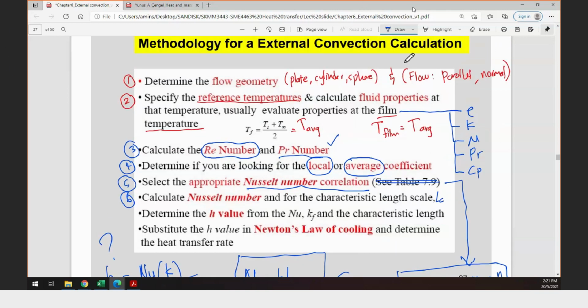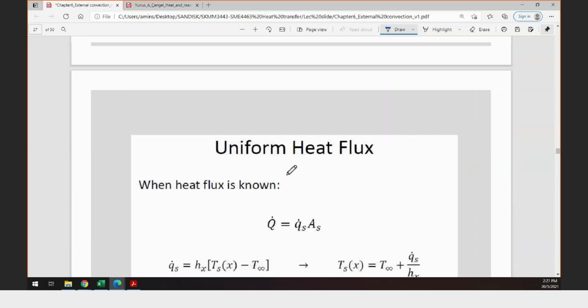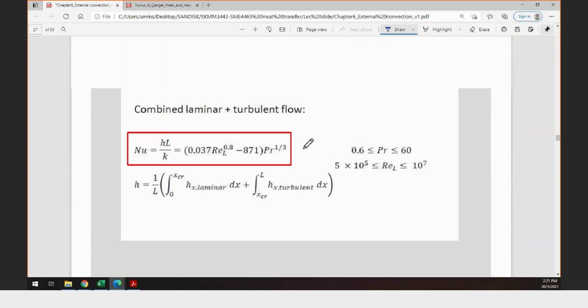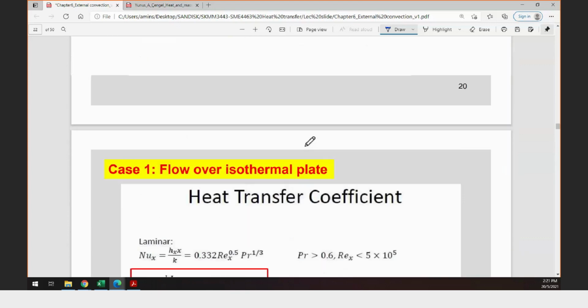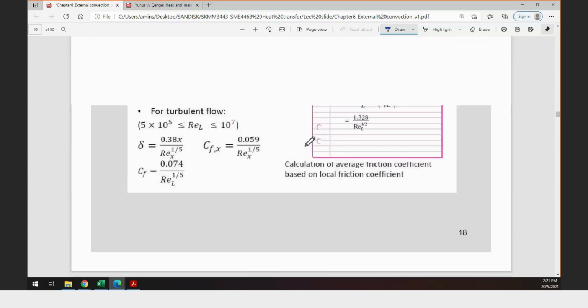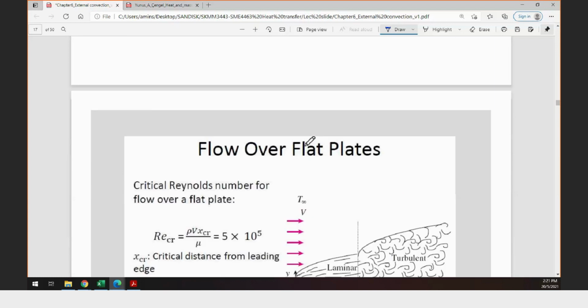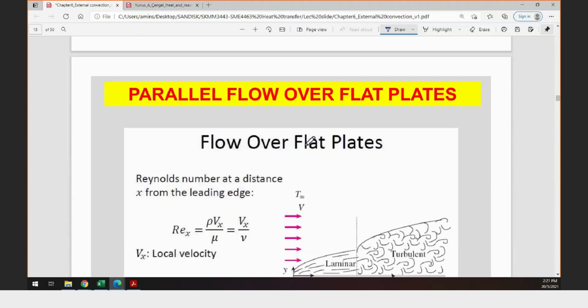Okay, so if you can understand this process or these steps in terms of calculating external convection analysis, we can go back to some cases of heat transfer systems.